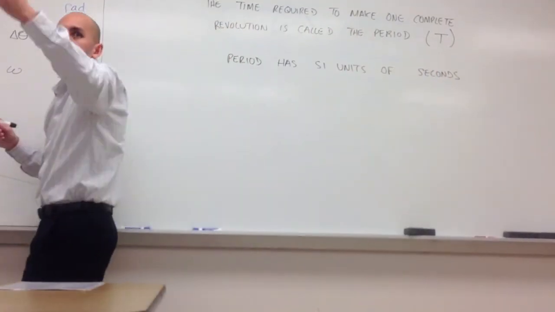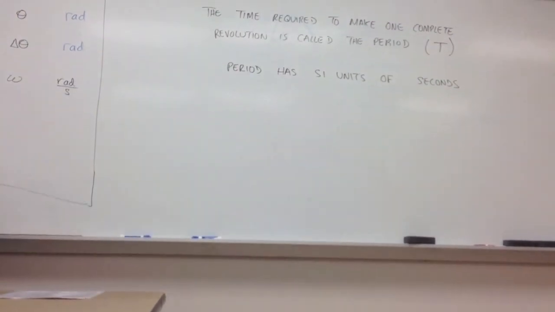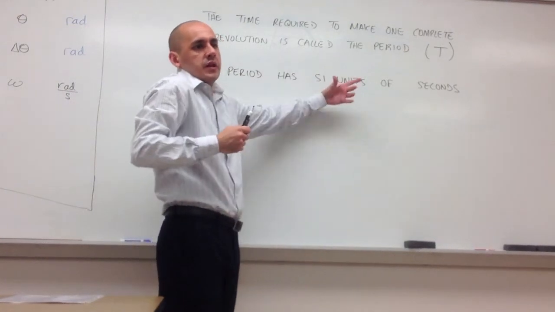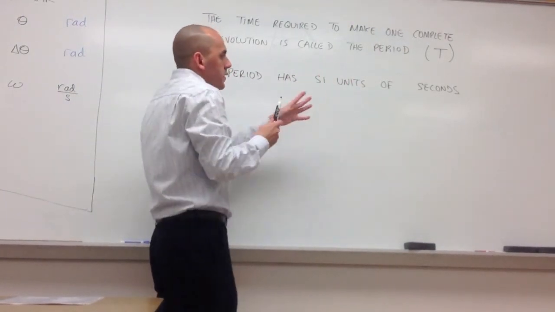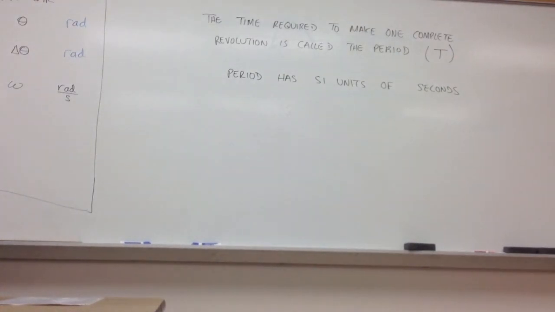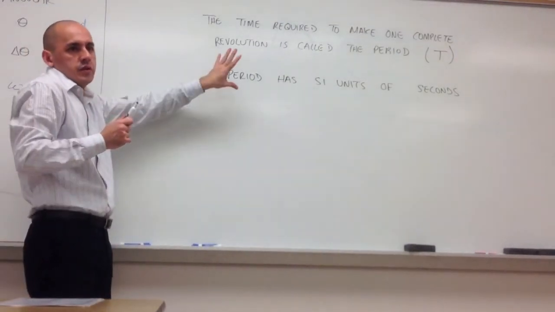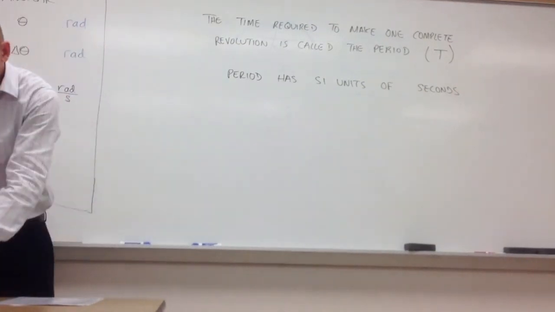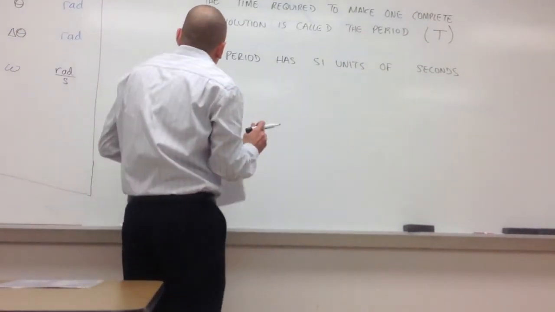But I could say 1 hour, 60 seconds, 60 minutes as my period, and then I just need to know when to convert that. So that could be any time unit you want it to be. How you use that in something else would determine what units you really want to use in your problem.